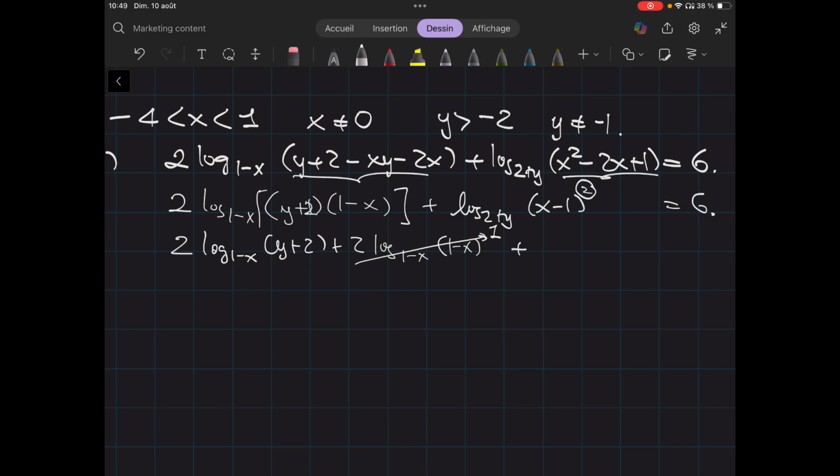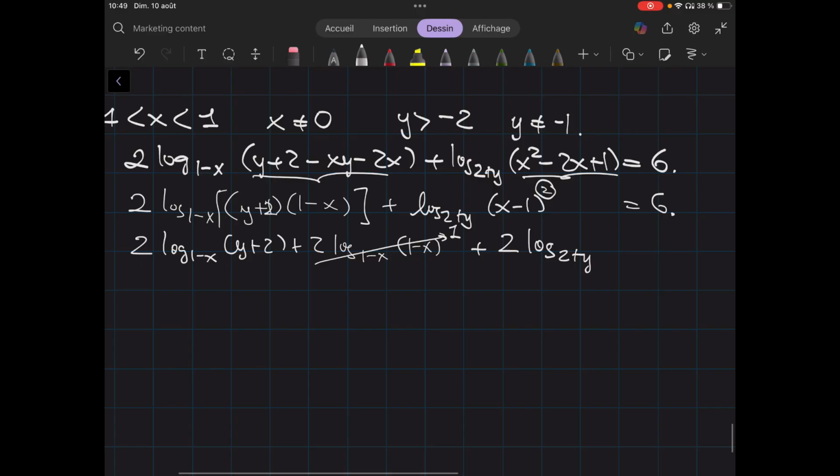X minus 1 squared is always positive for all real values of x, as long as it's not equal to 1, you're good to go. However, if we want to take the 2 down, we must make sure that whatever is left in there is also positive. So I'm going to slap the modulus sign on, just in case.